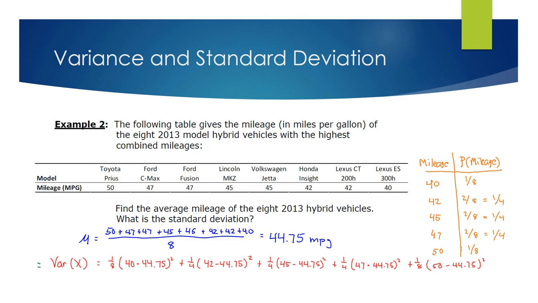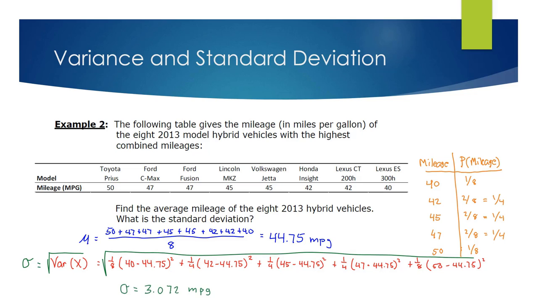So when I set this up, the variance is going to be 1/8 of 40 minus 44.75 squared, 1/4 times 42 minus 44.75 squared, etc., for each one of these mileages compared to the mean, each with its probability outside. When I work this out to get the standard deviation, I just square root all this information, and it ends up being about 3.072 miles per gallon.